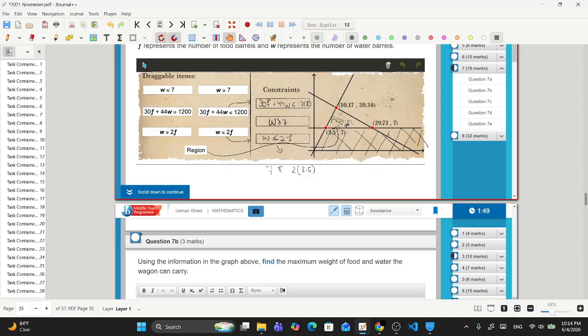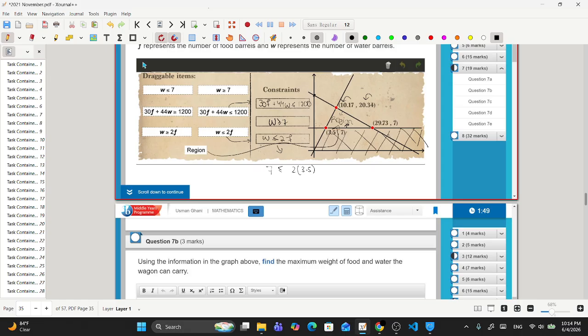Wait, the maximum weight is supposed to be this one, I think, or no? Yeah, this is a quite frustrating question. I don't know why. Let's take the lesser values of each other. So 10 and 20, let's say.